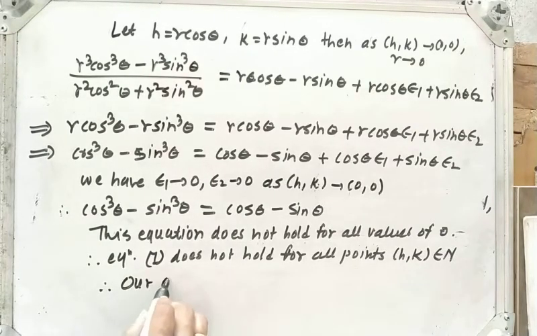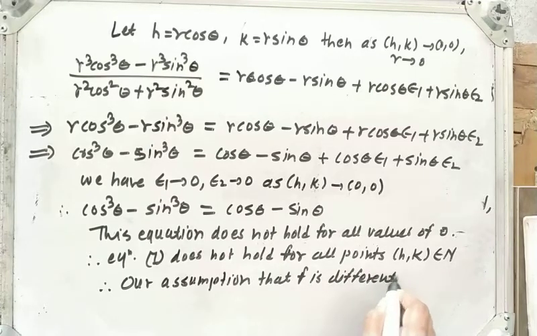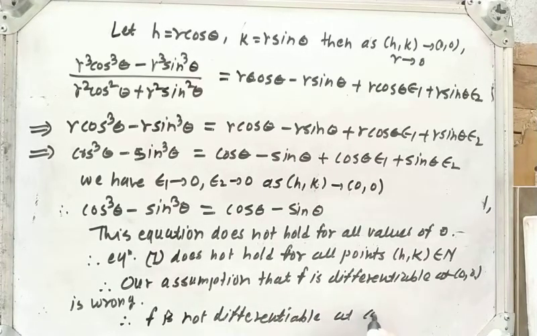Therefore, our assumption that f is differentiable at 0, 0 is wrong. Our assumption is wrong. Therefore, f is not differentiable at 0, 0. Okay, therefore f is not differentiable.